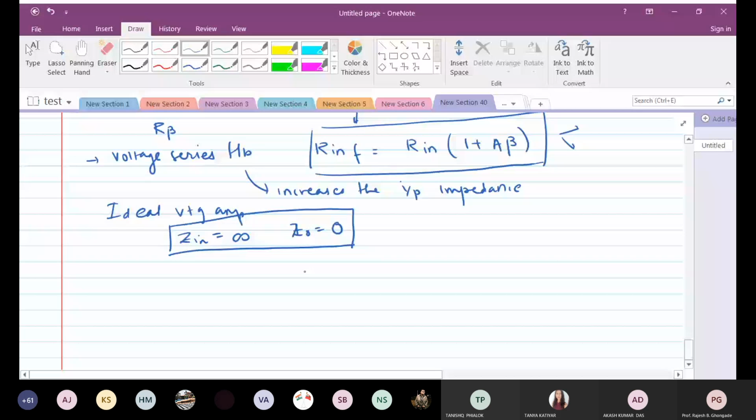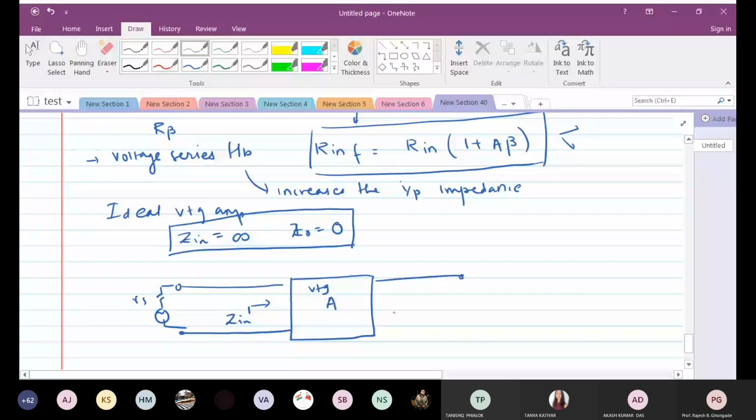If you have a voltage amplifier, you have this RS, the usual thing. This is your input impedance. Load, output impedance.